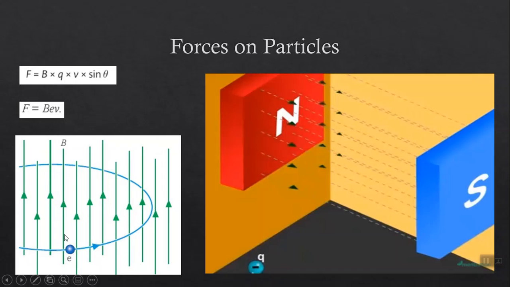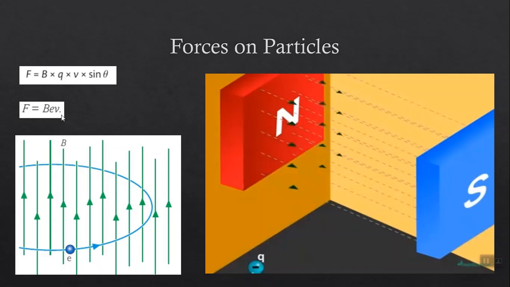That means everywhere, regardless of the position of the electron or the charged particle moving in a magnetic field, the force will always act towards a particular center that we call a centripetal force. Due to the centripetal force, this charged particle would have a centripetal acceleration, and it would move in a circular motion.